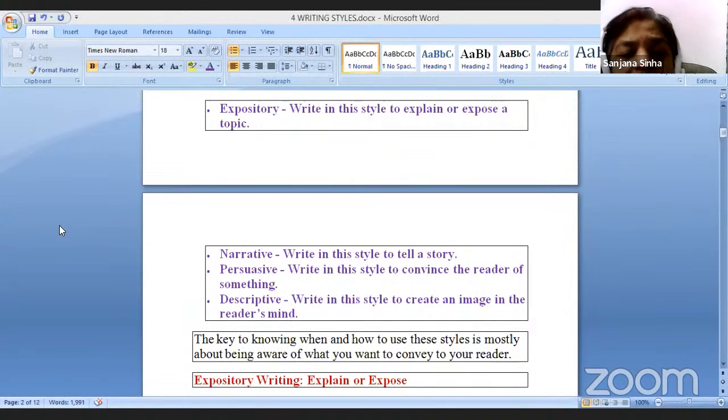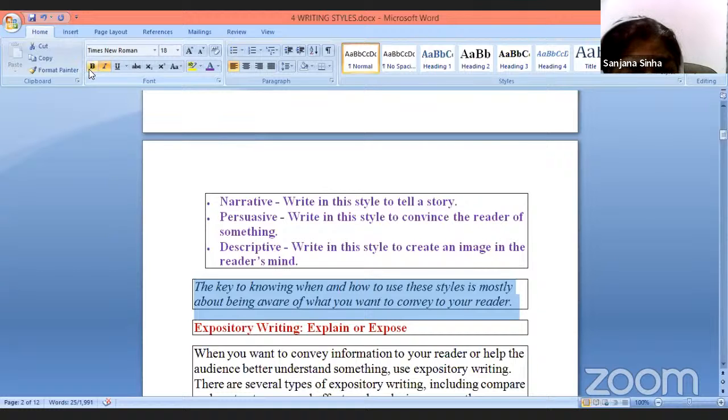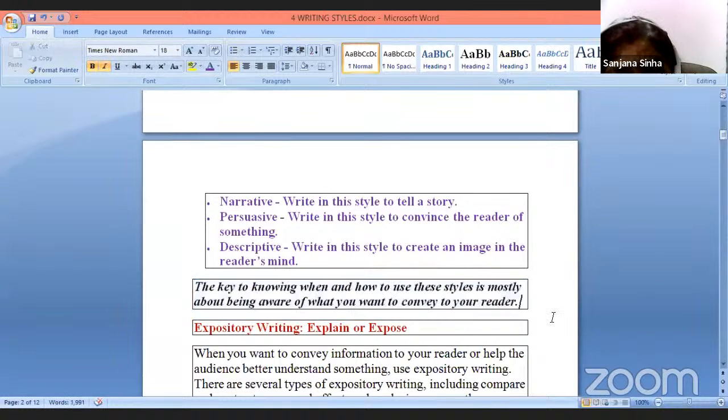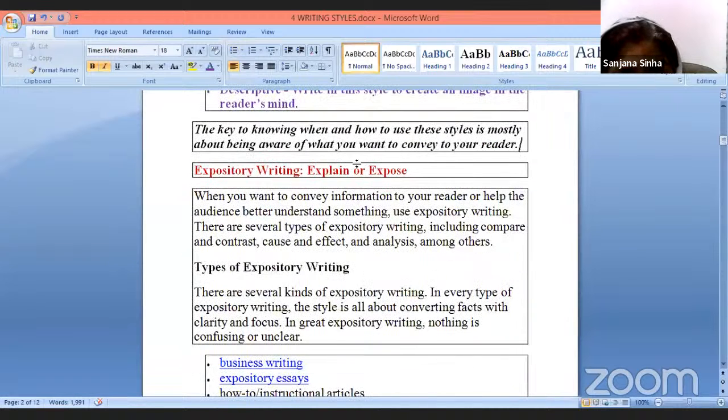So the 4 writing styles are expository, narrative, persuasive, and descriptive. The key to knowing when and how to use these styles is mostly about being aware of what you want to convey to your reader. ये जानना बहुत जरूरी है कि कौन सा स्टाइल तुमको यूज करना है और क्यों. Why do you want to use a particular style of writing?